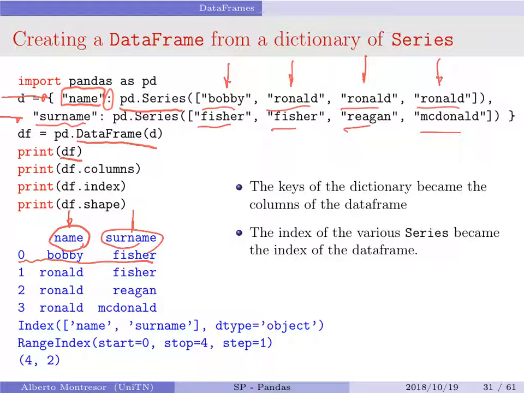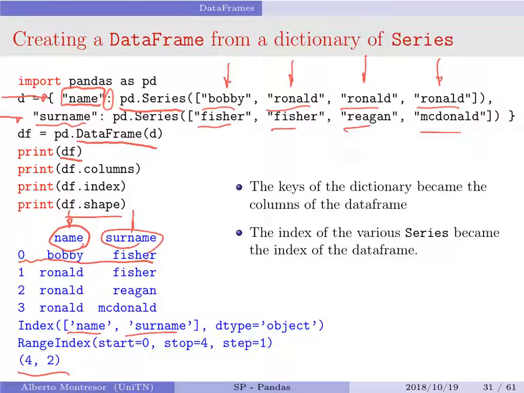Okay. So if I try to print the data frame index, what I get is name, surname, that gives you the list of the names of the columns. And if I try to print the shape of the data frame, it gives me information about the fact that I have 4 rows and 2 columns.